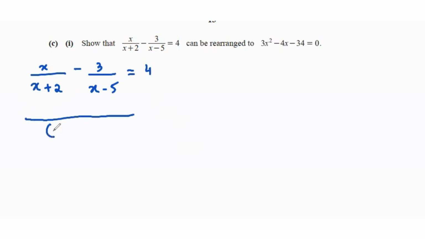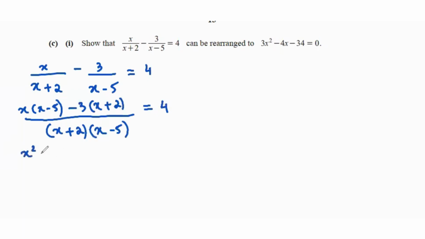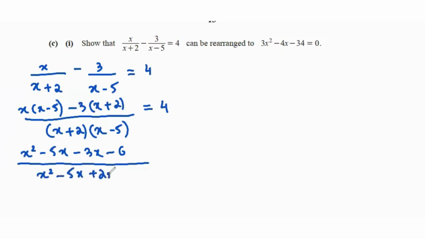So that's going to give us x times x minus 5, minus 3 times x plus 2, over x plus 2 times x minus 5, equals 4, which is x squared minus 5x minus 3x minus 6 divided by x squared minus 5x plus 2x minus 10 equals 4. We expanded the brackets both in the numerator and denominator.